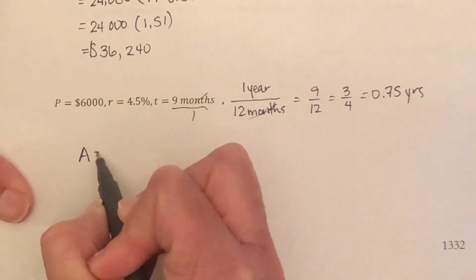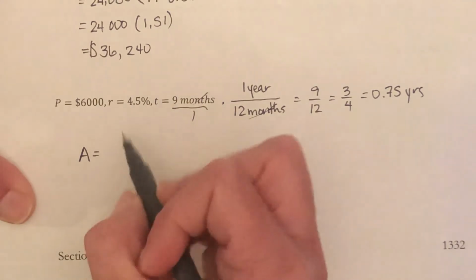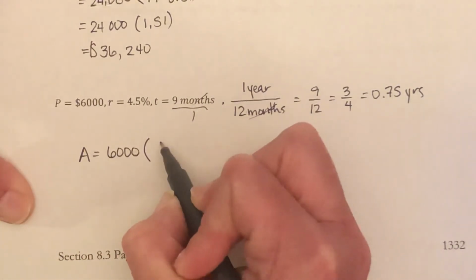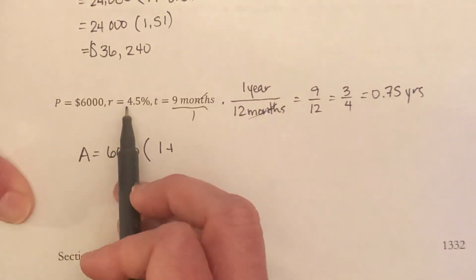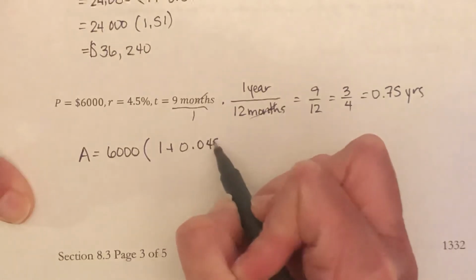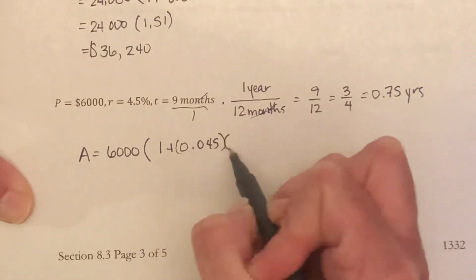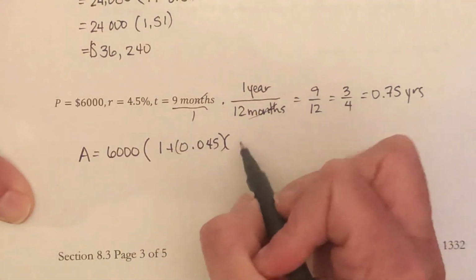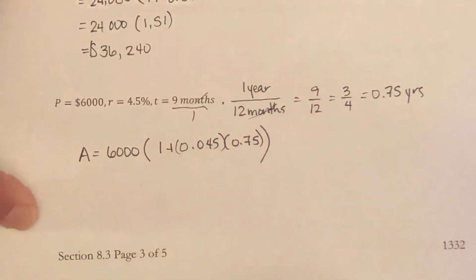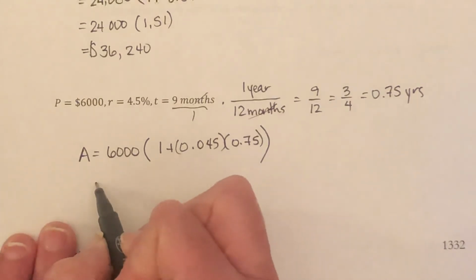The amount, or the future value of this investment, would be the principal, 6,000, times 1 plus your rate written as a decimal, so 0.045, times the number of years, which is 0.75. Okay.